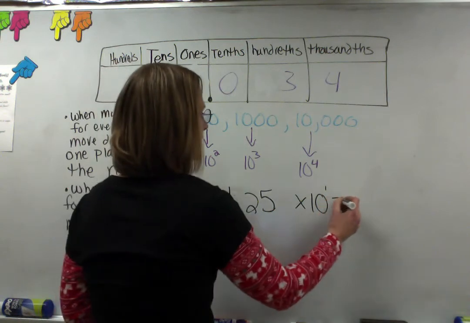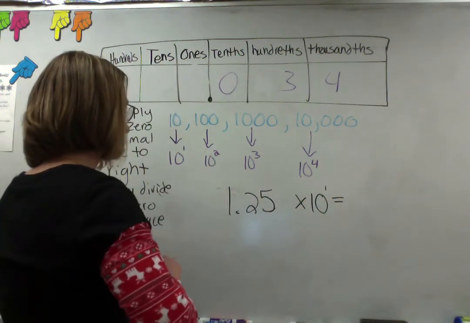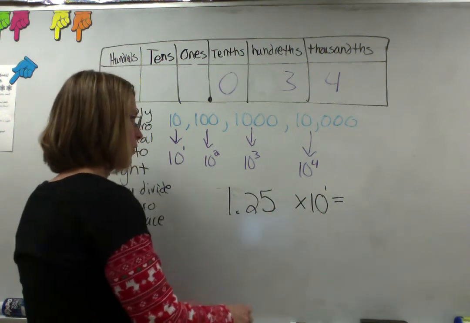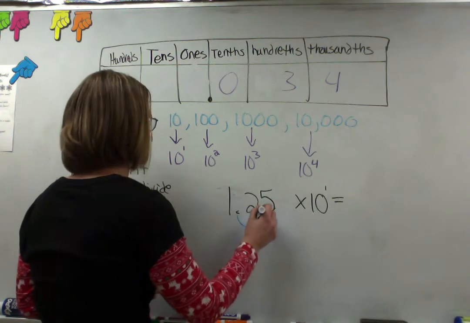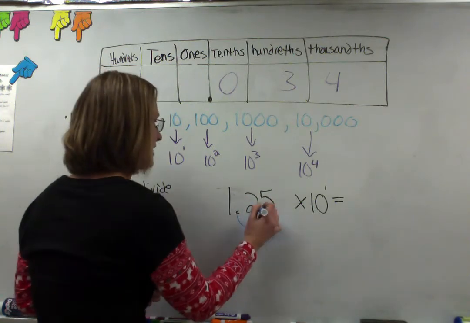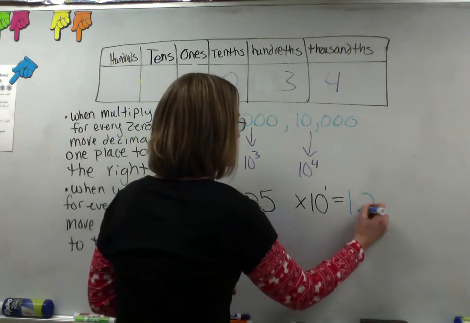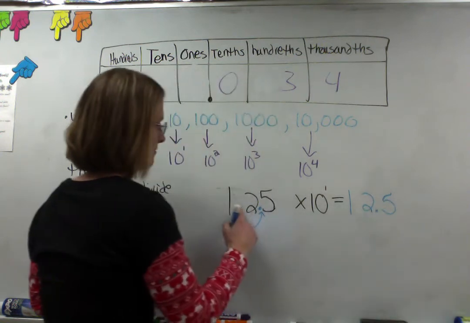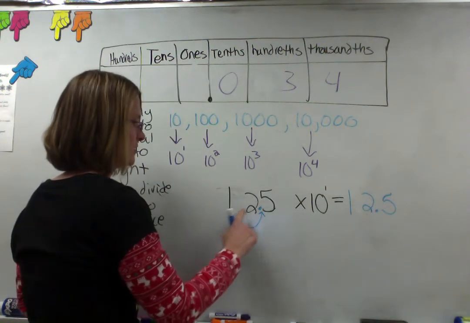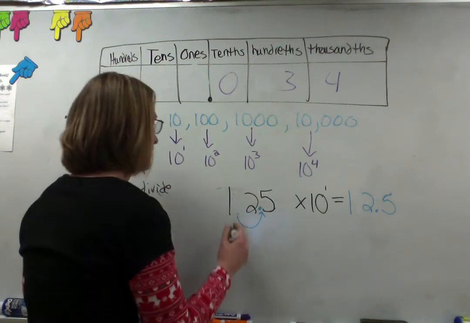This is going to be easy because 10 to the first is just 10. So we're multiplying it by 10, so we're going to move our decimal 1 place to the right. And it's going to go from there to there. So my answer is going to be 12 and 5 tenths. Okay, decimal goes from there to there.